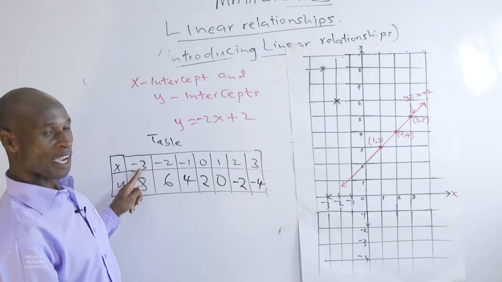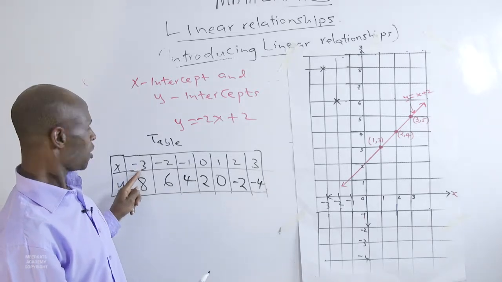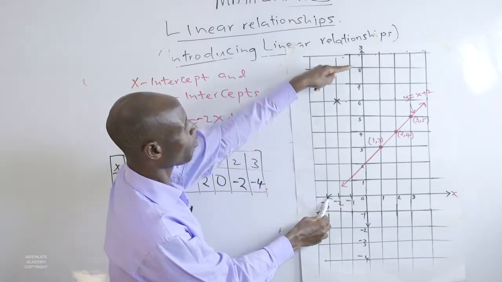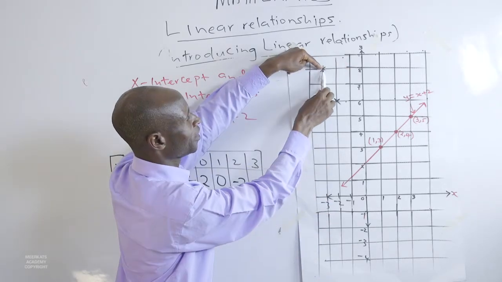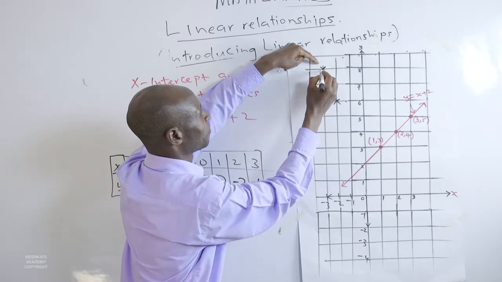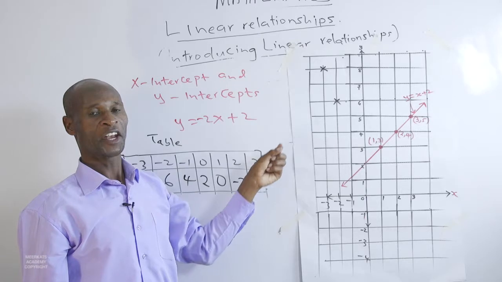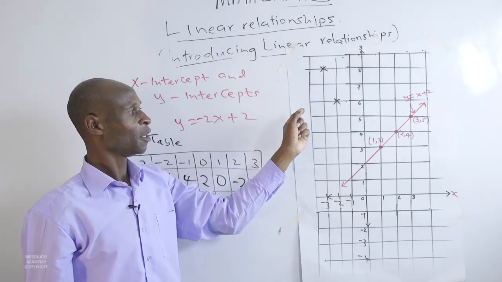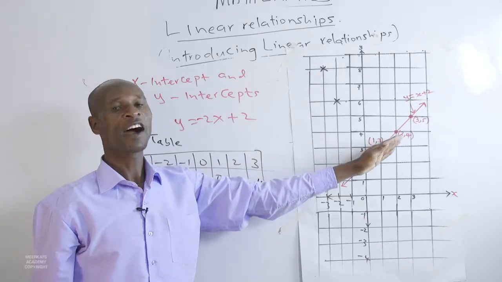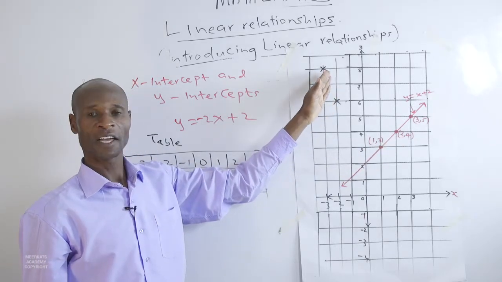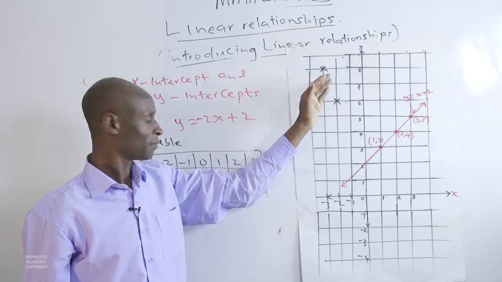When x value is negative 3, the y value is 8 as indicated. Negative 3 for x, y value 8 is indicated with a cross. As I mentioned earlier, we can plot using a dot or a cross, so that there is distinction between the first graph and the one that we are drawing. We have decided to use a cross in this case.